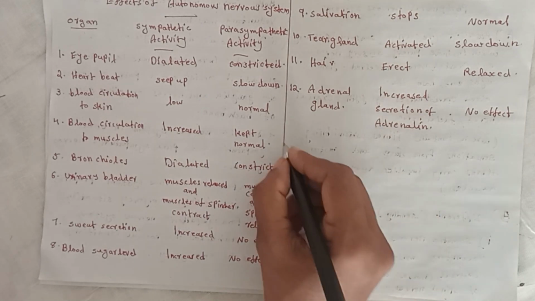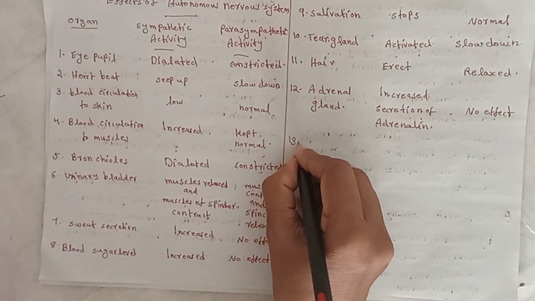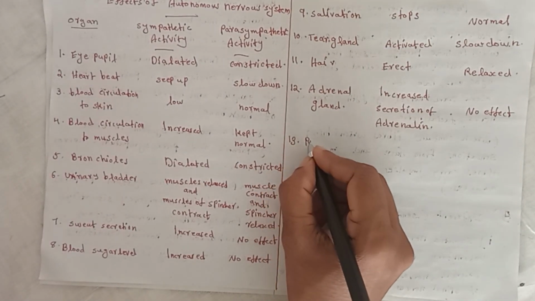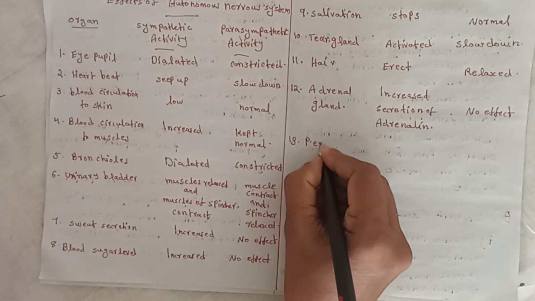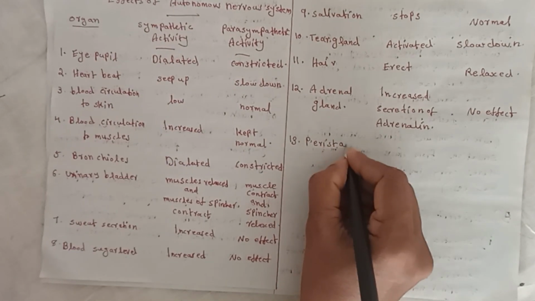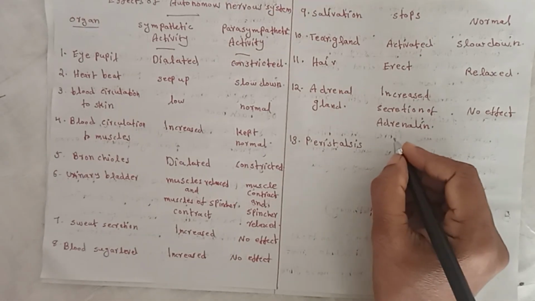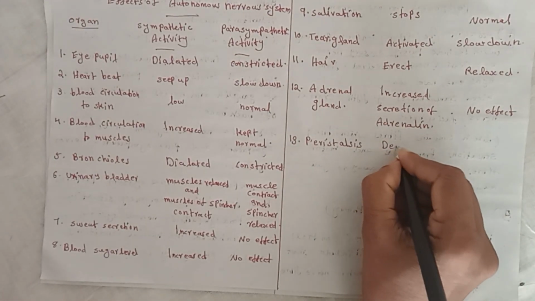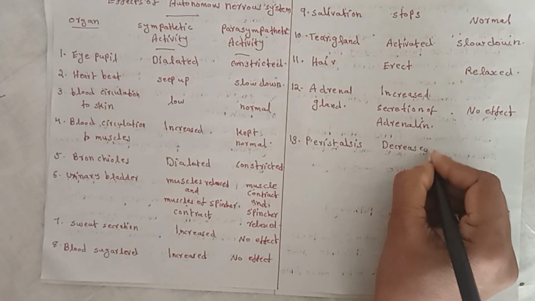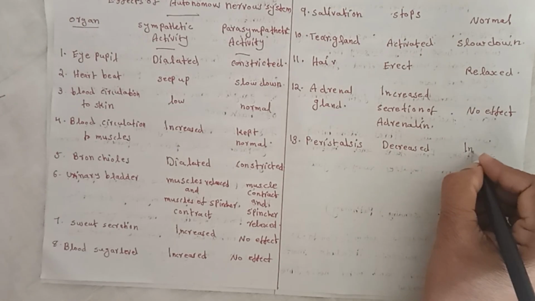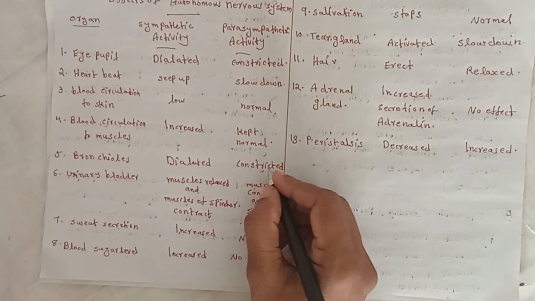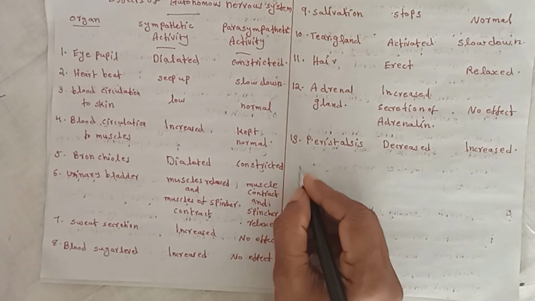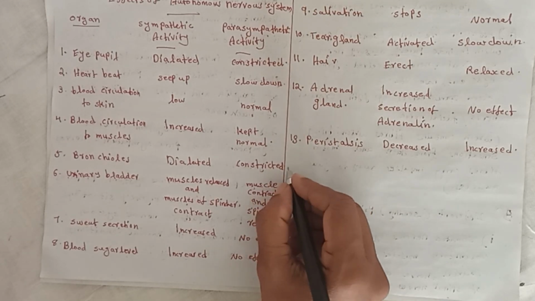Intestinal peristaltic movement. Intestinal muscular movement is known as peristalsis: decreased, then increased. The stomach glands are situated on the inner wall of the stomach.